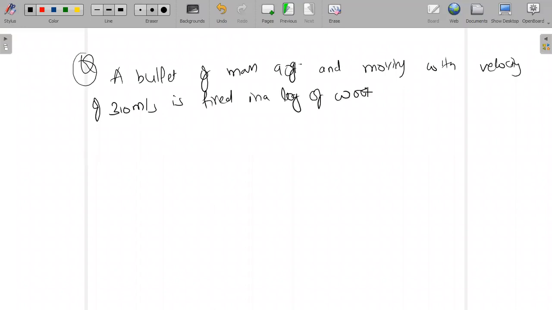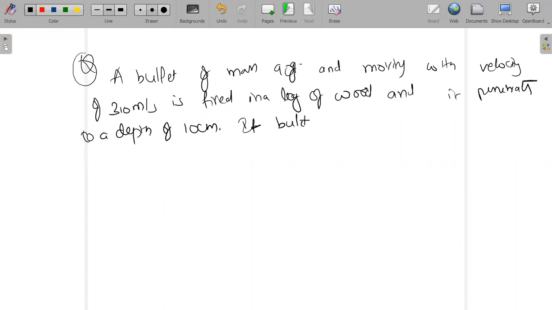This we have seen in yesterday's class, the log of wood. And it penetrates, penetrate means enters, to a depth of 10 centimeter.